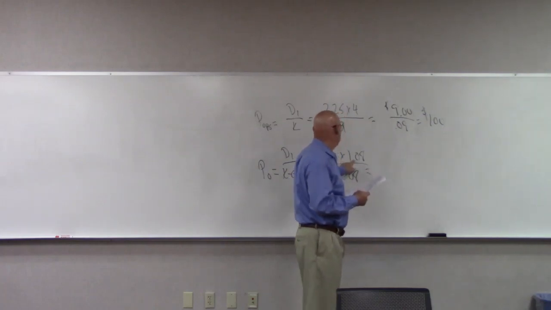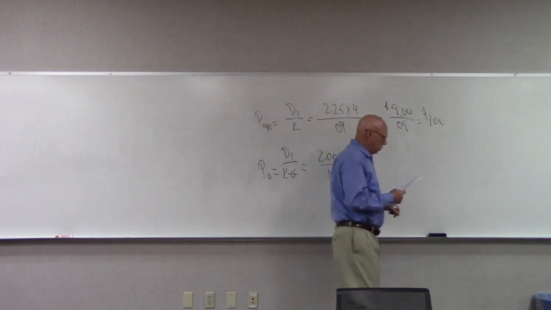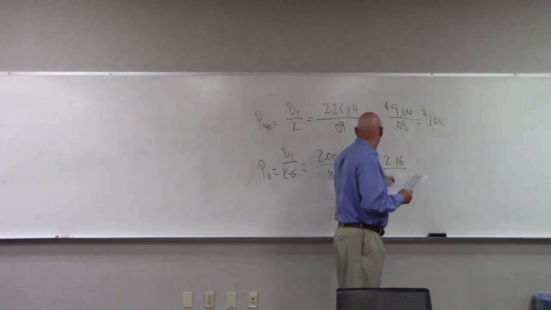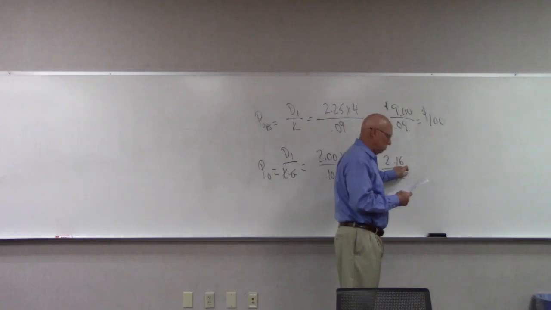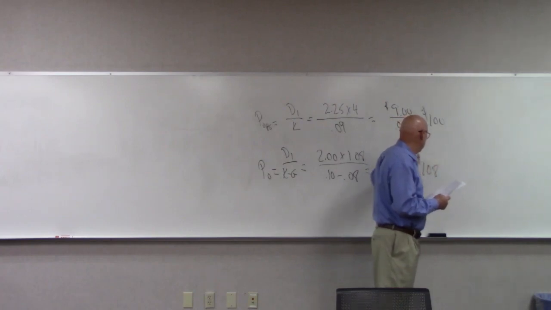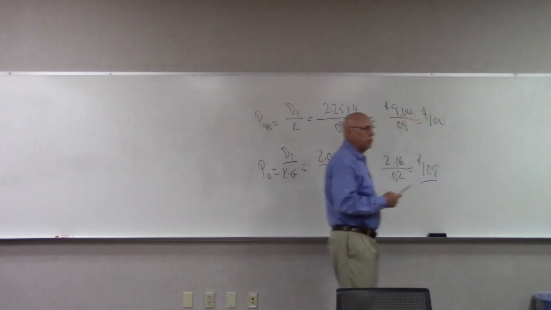So $2 times 1.08 is $2.16, divided by 0.02, equals $108. Everybody see that?